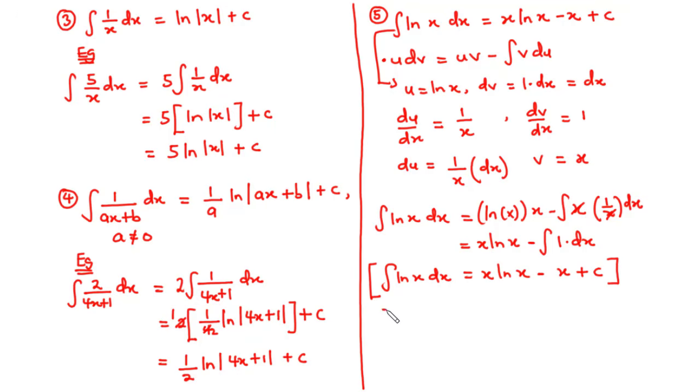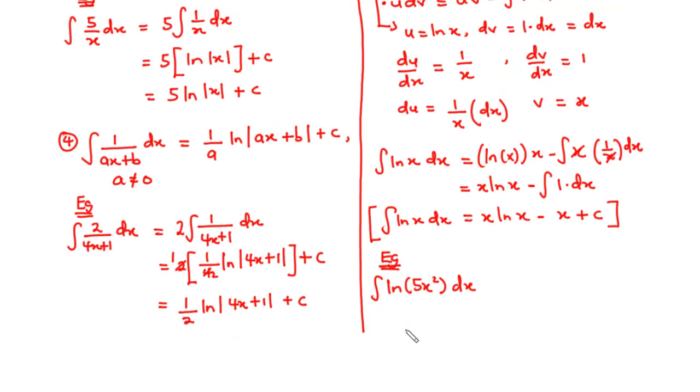So let's try this. Let's say we want to integrate the function ln of 5x squared dx using integration by parts. So with this, we have u to be equal to ln of 5x squared, and then we say that du/dx should be equal to, now to differentiate this, we are going to differentiate what we have in the bracket, and that's going to be 10x.